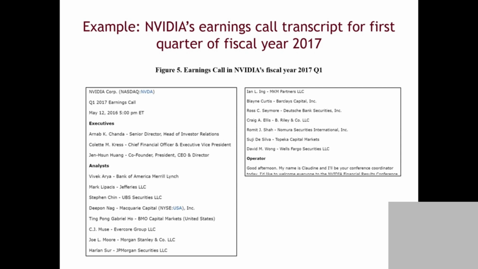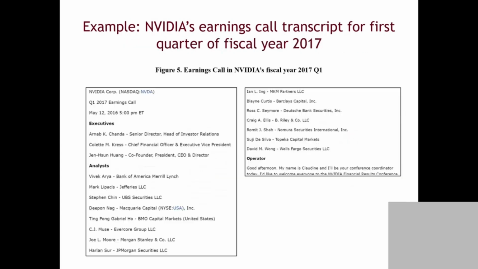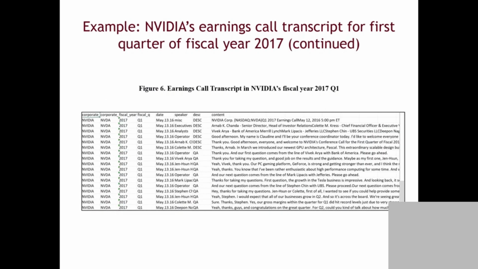So how are we working with this data? First, you convert this kind of data into this format. You can tell the company is NVIDIA, this is 2017, this is Q1, and this is the date of the conference call. Who is speaking? This executive. And what's the content of the speech?